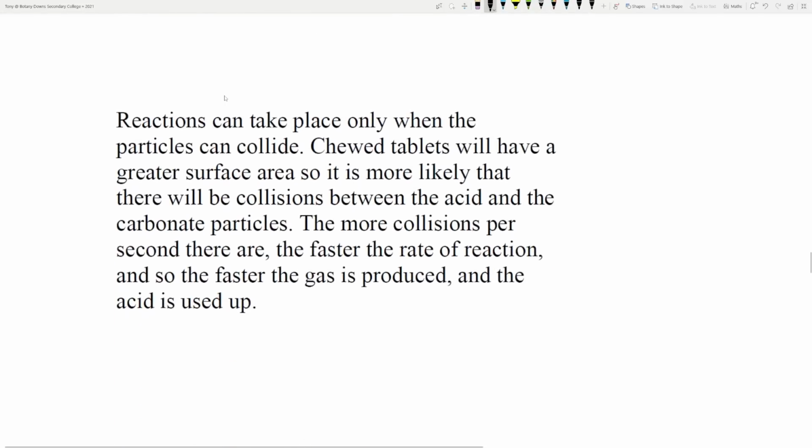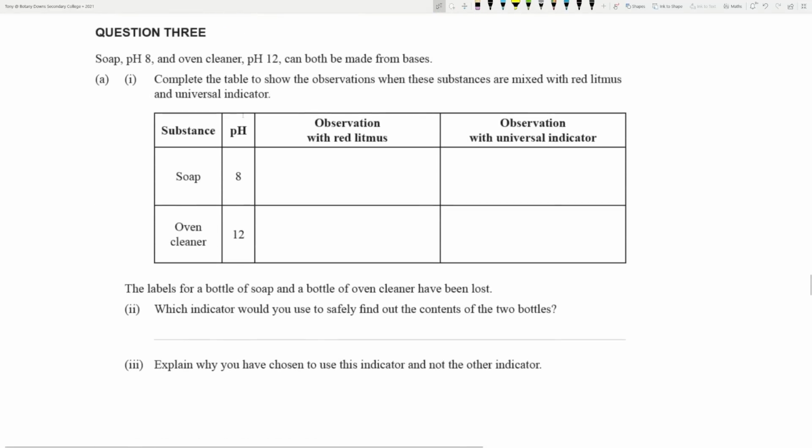So you just need to be able to recognize them. The tablets will have a greater surface area, more likely to collide. Therefore, you have more collisions per unit time, and therefore more effective collisions per unit time. The higher the rate of reaction, the more gas is produced, and the less pain you are going to feel.